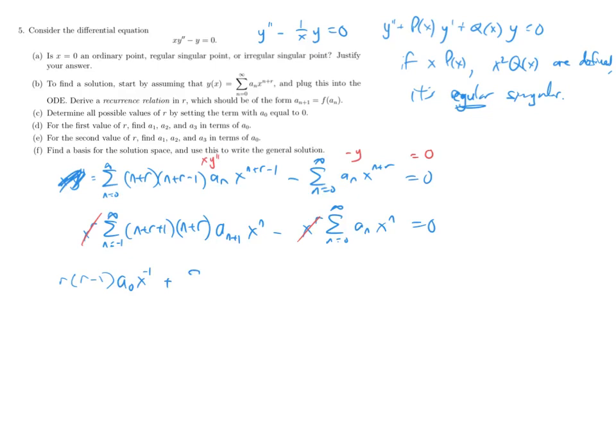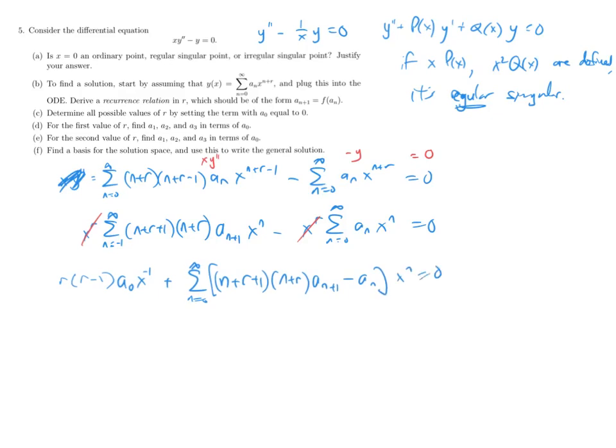And now you can combine the sum from n equals 0 to infinity. You can write this as combined terms: (n plus r plus 1)(n plus r) a_(n plus 1) minus a_n, times x to the n, equals 0.